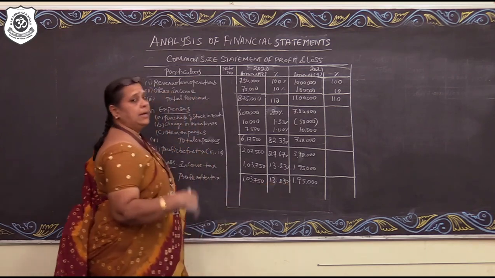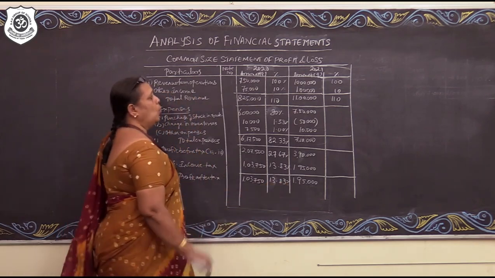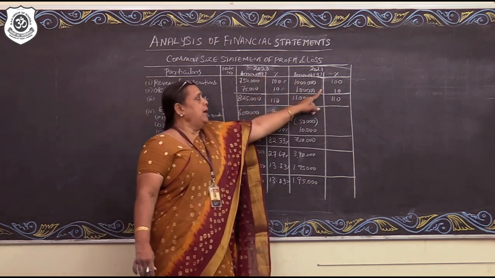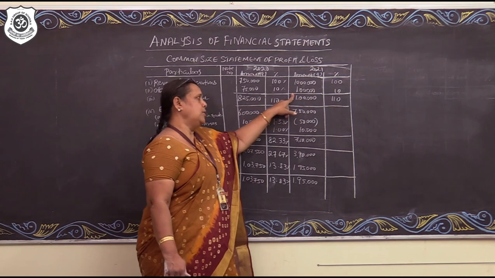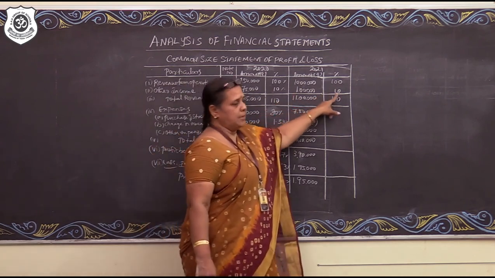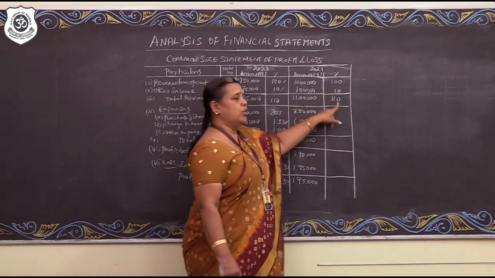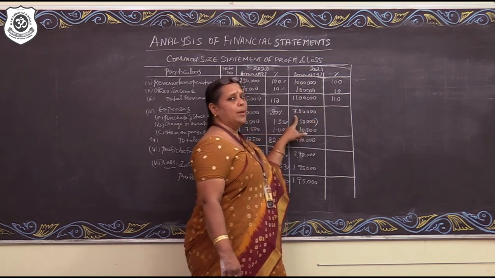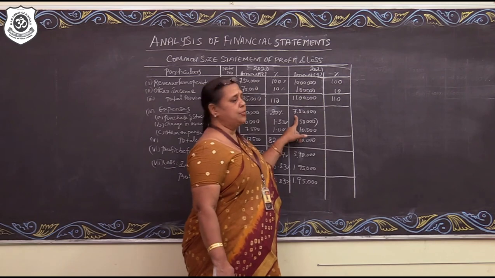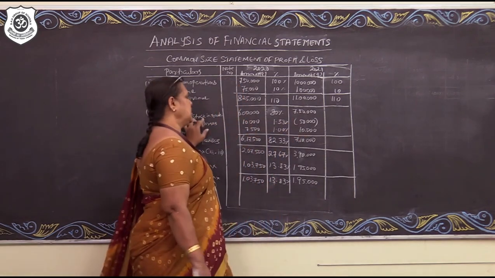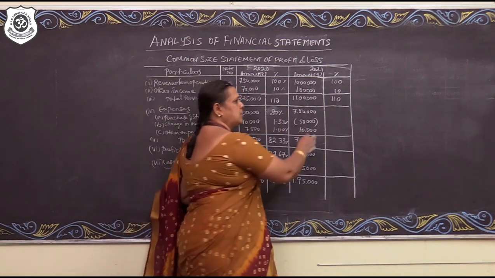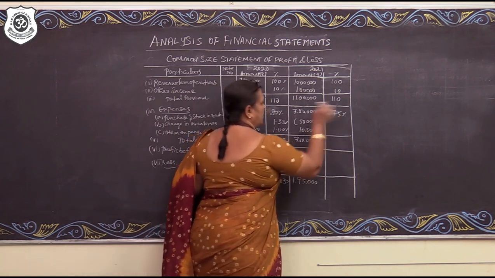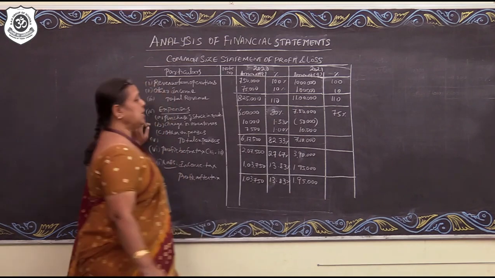Now coming to the current year, that is 2021, 10 lakh is the total revenue from operations, which is assumed to be 100%. Then other revenue is 1 lakh, which is 10%. Total revenue is going to be 110%, which is 11 lakh. Now coming to expenses, 7,50,000 is the purchase of stock in trade, which gives you 75%. Then change in inventory.